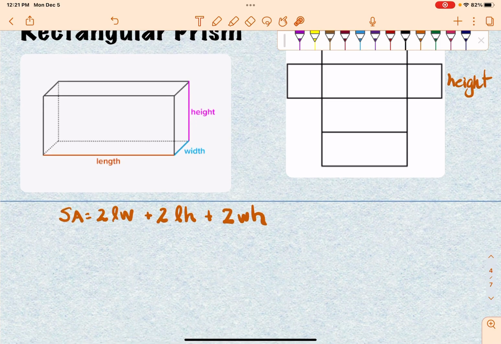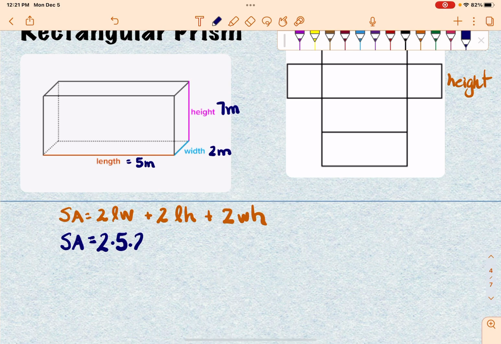So let me put some numbers on these so you can take a look. Let's say that our length is 5 meters, our width is 2 meters, and our height is 7 meters. So now what I have to do is plug those in. For the first one, 2, the length is 5, and the width is 2.